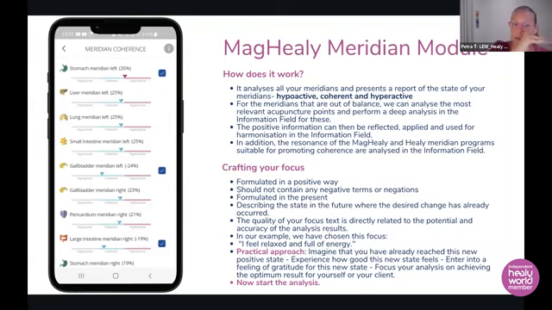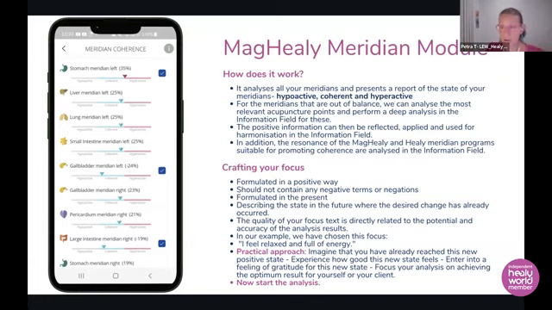Then the positive information that we get from the report of the specific acupuncture points is reflected and applied through vibration to be used as harmonization of the information field. So we do the same thing as we do with aura and coaching.